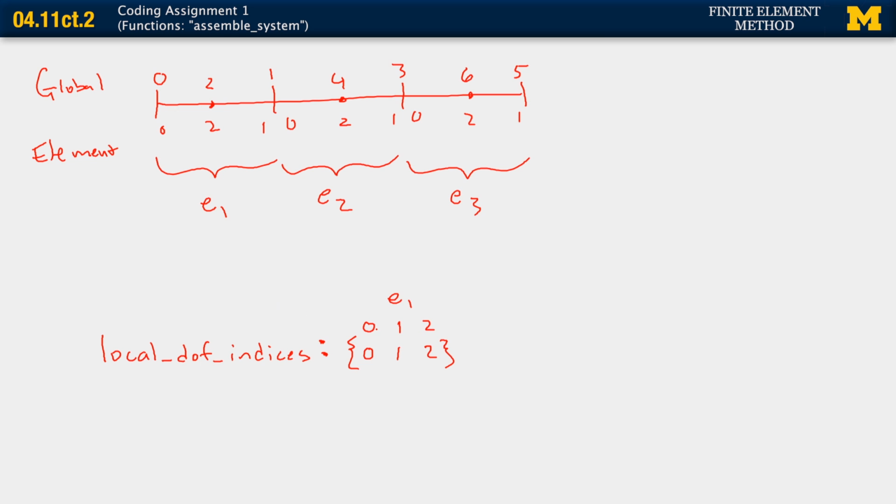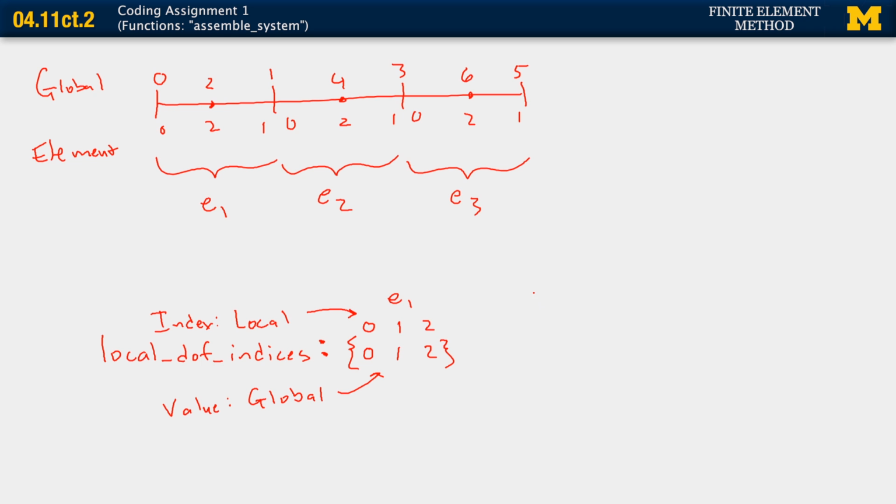On the top, the index is the local node, and the actual value stored is the global node. So the index is local, and the value is the global node.